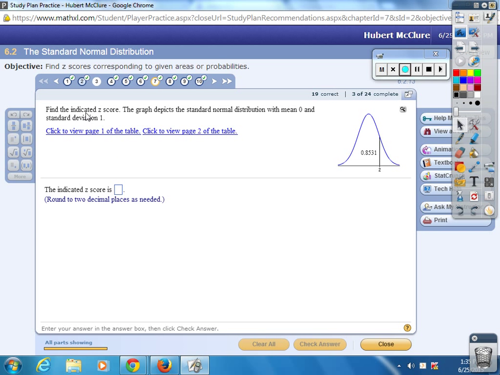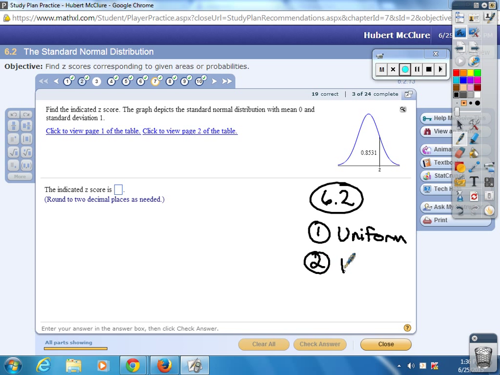Find the indicated z-score. So there's 3 types of questions in section 6.2. One is uniform distribution, and two, normal distribution given a z-score.